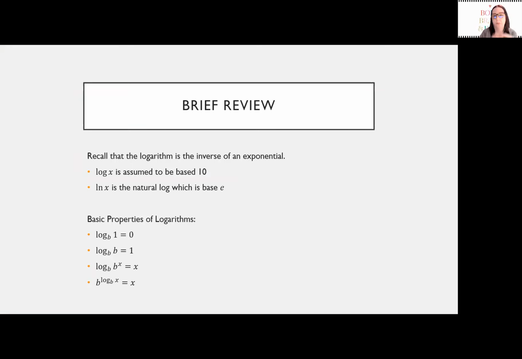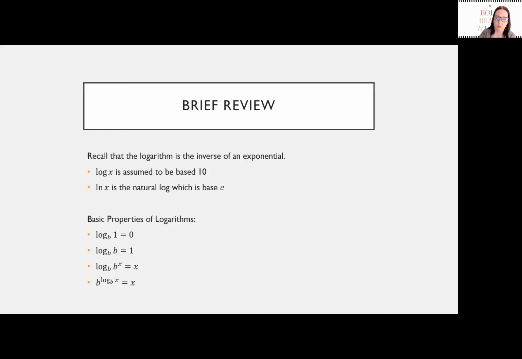So just a brief review. If you haven't gone through logarithm stuff yet, then this will not be reviewed, but it is covered this week. We're learning about logarithms, and they are the inverse of an exponential function. We abbreviate it with a log. If there is no subscript after the g, so there's no number underneath, it's assumed to be a base 10 log, where your base is 10.